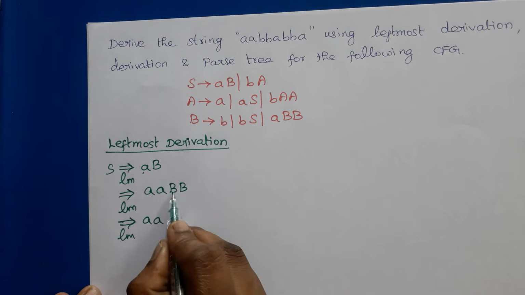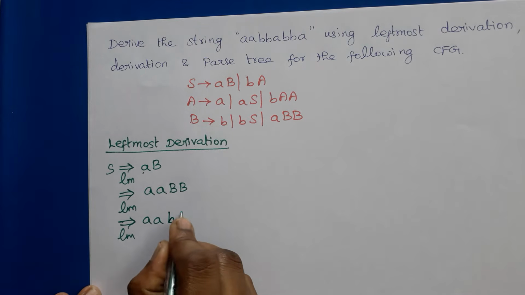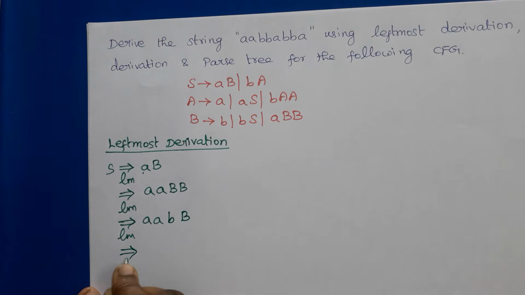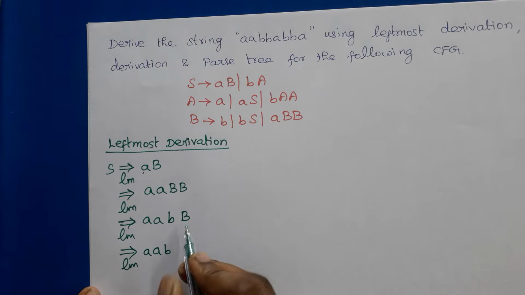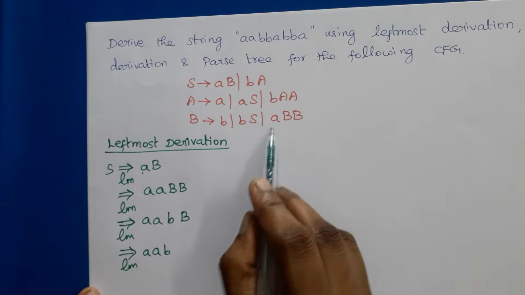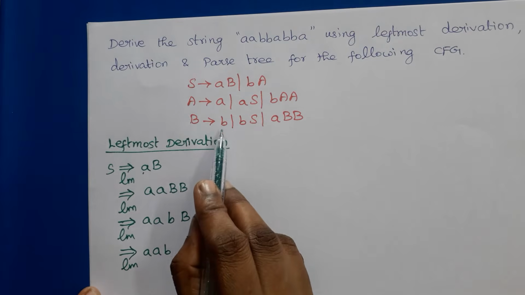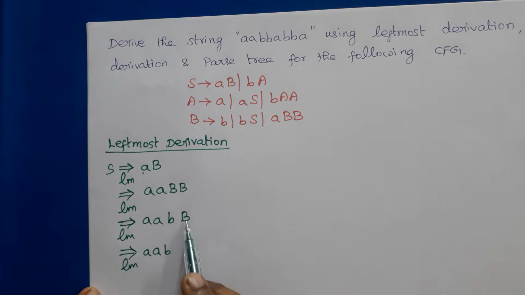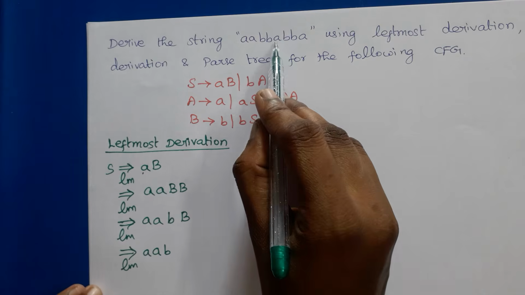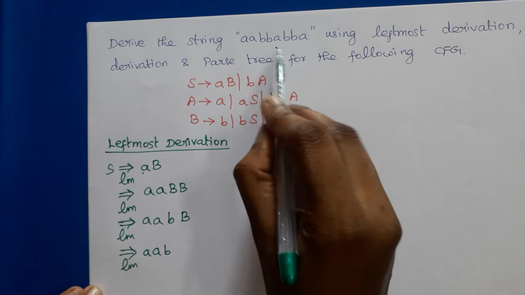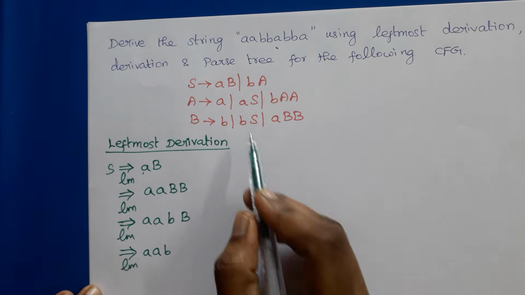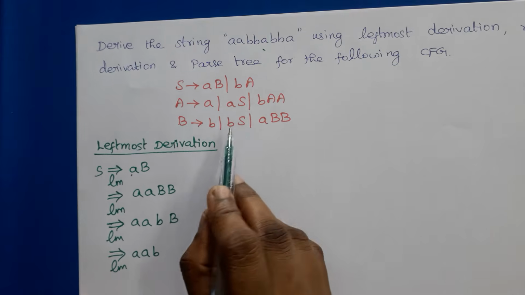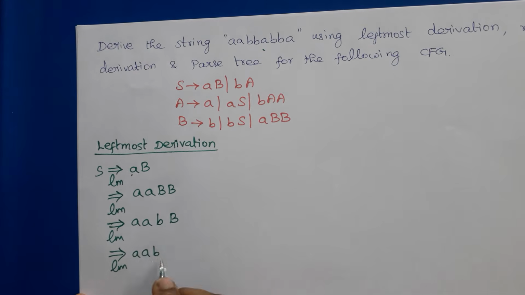So B can be replaced by B. Now the leftmost variable is B. The fourth symbol is B. So we cannot use this, and we may not apply B also, because if you substitute B here, then we cannot derive the rest of the input symbols in the input string. So we have to use BS. So B must be replaced by BS.